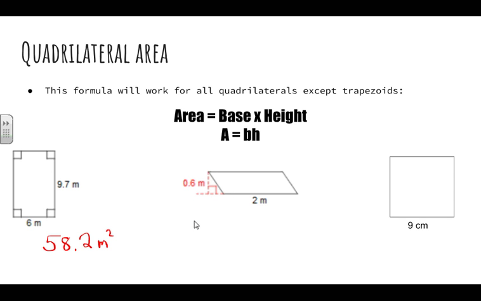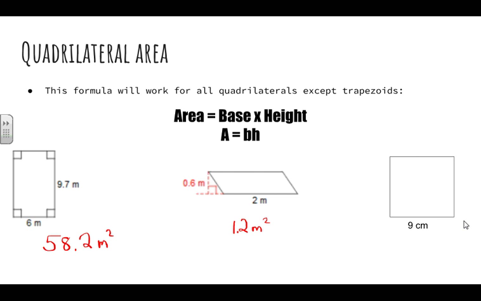So for this parallelogram, we're going to multiply 2 times 0.6 to get our area, and it would be 1.2 meters squared. All right. Finally, here, this is a square. All right.